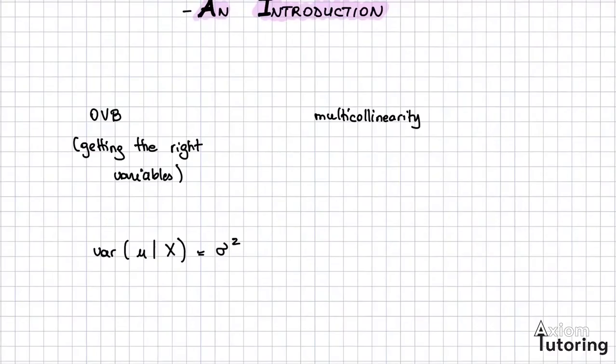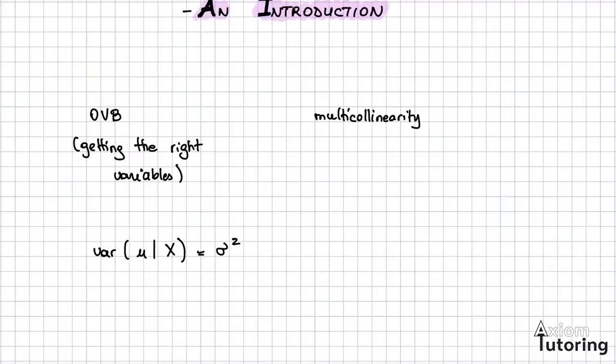So the variance of the errors is constant for all values of x, which means it doesn't matter whether x is large or small, the spread of the errors around the regression line is always the same. This is what we also called homoskedasticity.